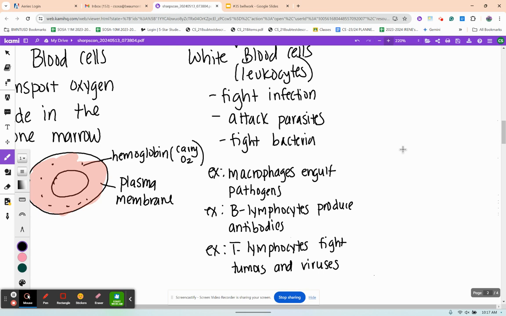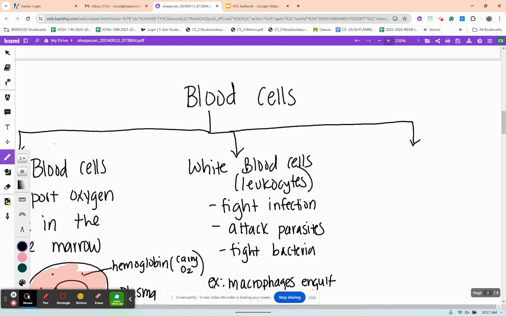If you need more time, raise your hand. Okay. All right. Last one are platelets, which their function is in blood clotting. Blood clotting. Okay.